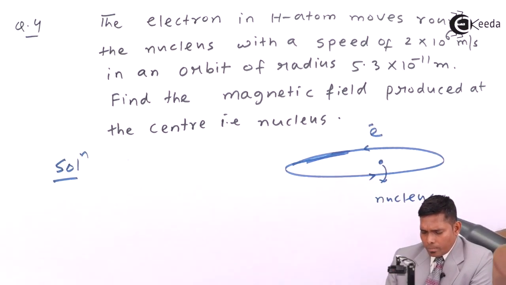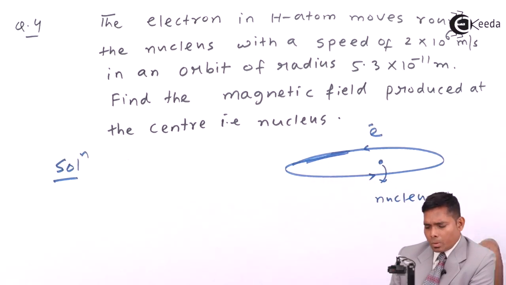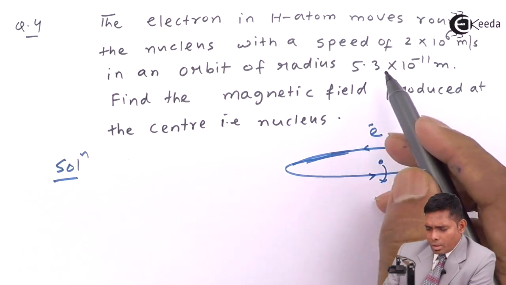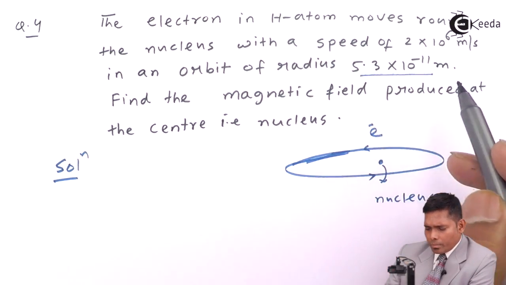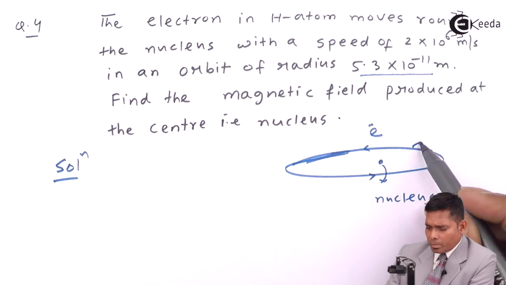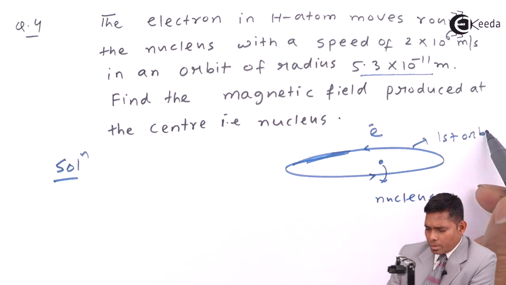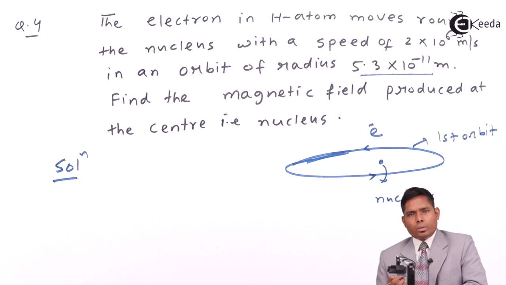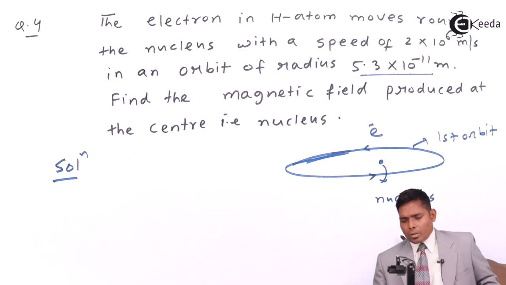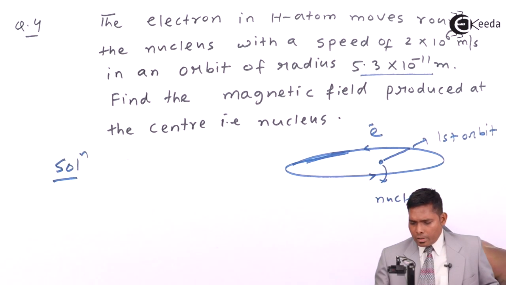Now, it's not saying which orbit the electron is in. It is seen from here. It is the first orbit. That you will know in 12th standard: in the first orbit the radius is 0.53 angstrom.